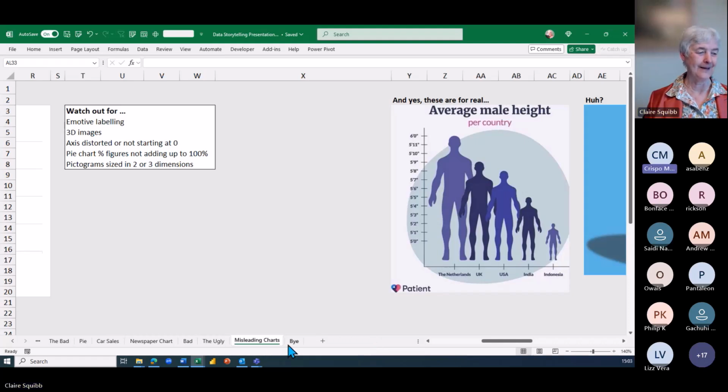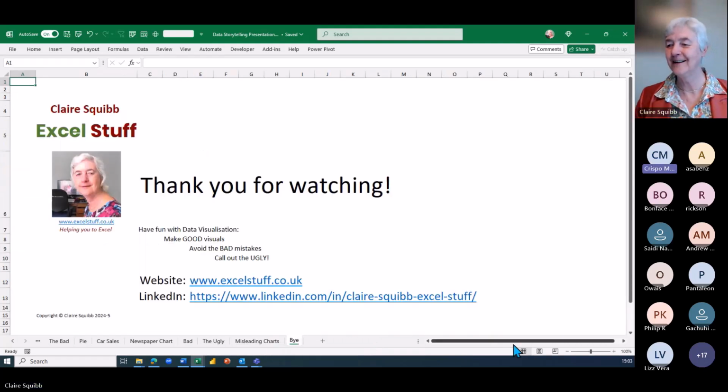So anyway, I hope you've enjoyed it and it's making you think about data visualization. Interesting session. Very, very interesting session. Have you ever attended one of Carlos Barbosa's sessions? You know Carlos from LinkedIn? Yes, I haven't seen his.